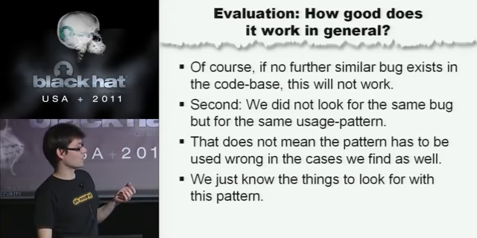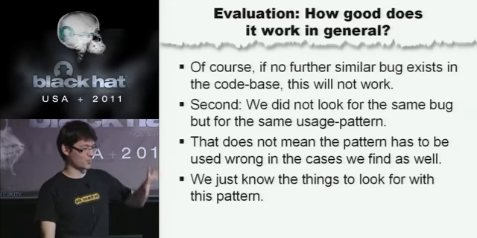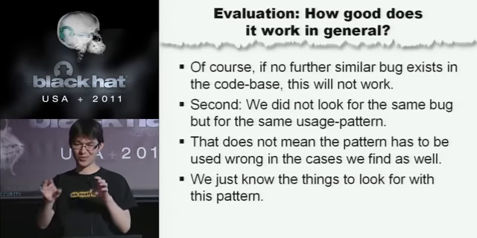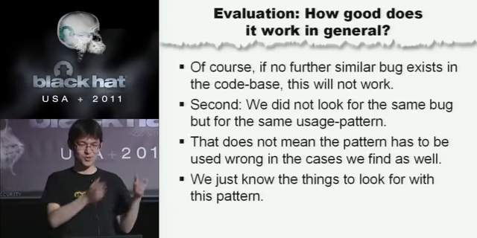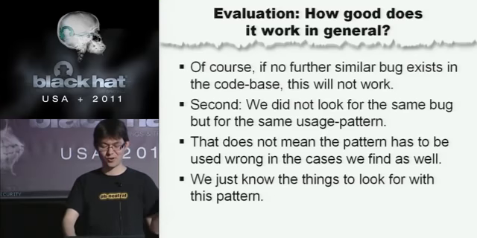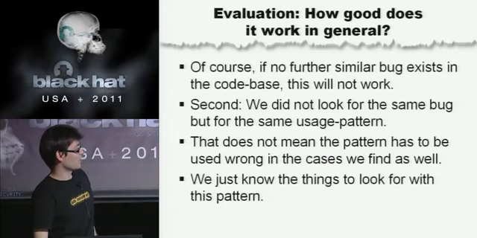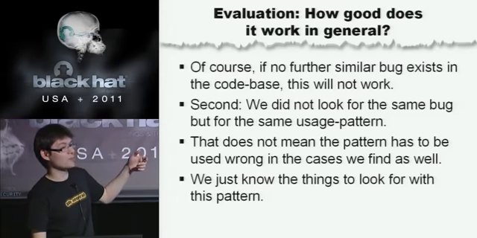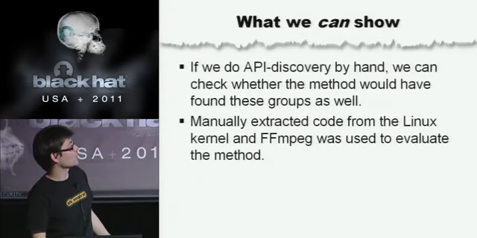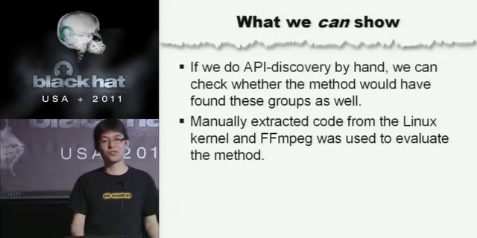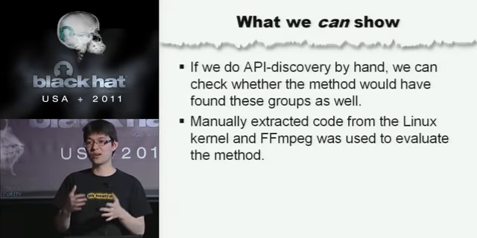So it also doesn't make sense to ask whether we can construct code with similar semantics where this doesn't work, because obviously it will not work. And third, even if they use the same pattern, it doesn't have to be used wrong. So you can't just do something like bug counting. What we can show is the ability of the tool to discover functions using similar API patterns.